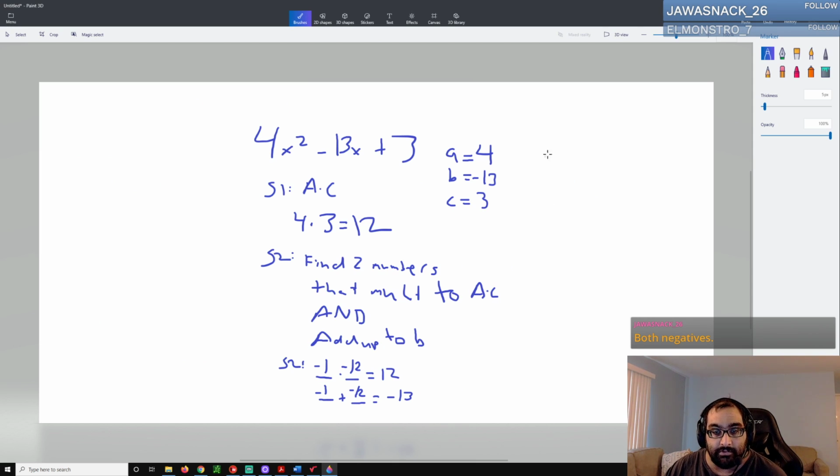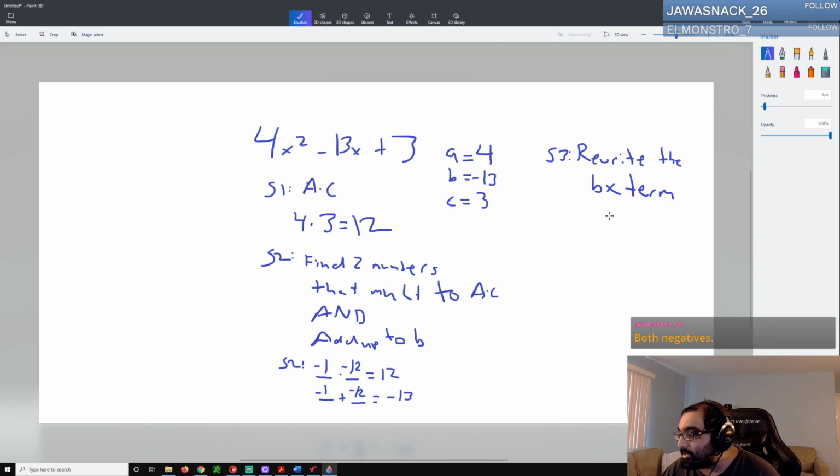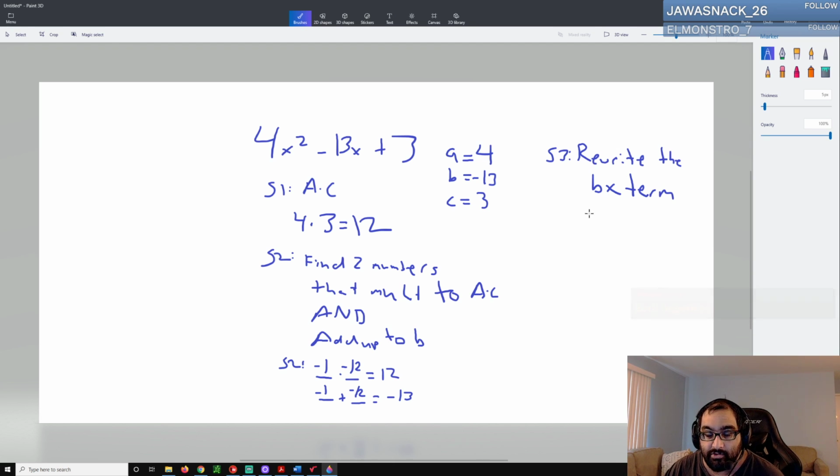All right, let's go to step 3. So step 3 is we're going to rewrite the bx term using the numbers you found in step 2.